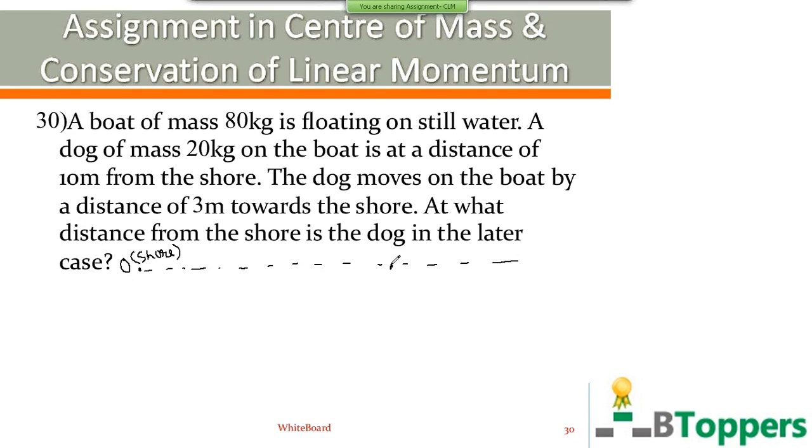Let C1 be the initial position of the center of mass of the dog. Let C2 be the initial position of the center of mass of the boat. The initial distance of the dog from the shore we denote by x1, that is 10 meters.